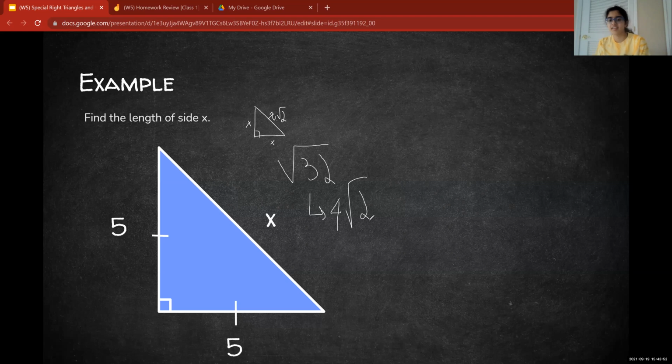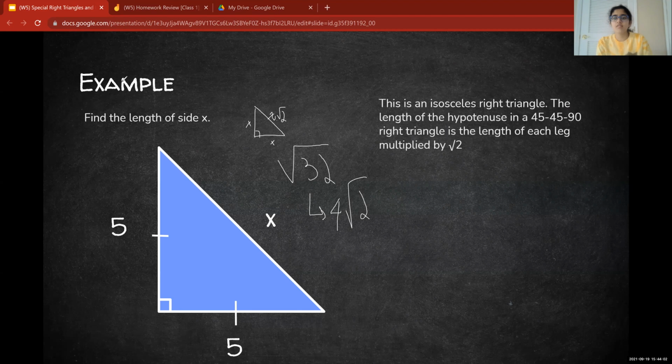Yes, basically. 5 square root 2 is basically the answer. So this is an isosceles right triangle, and the length of the hypotenuse in a 45, 45, 90-degree triangle is the length of one of the legs multiplied by radical 2. So we get x is equal to 5 radical 2 as our answer.